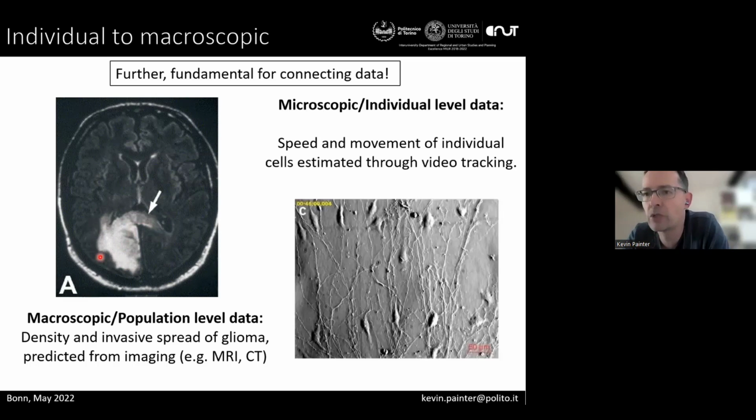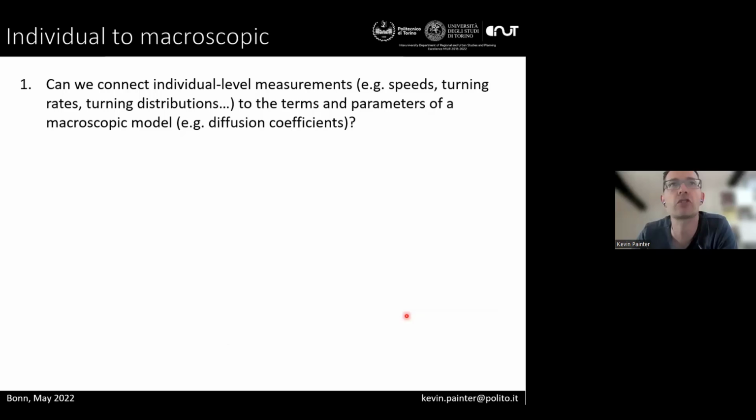But if we go down to the individual level of movement, we can track individual cells and calculate their speeds, their turning rates, and how they're responding to their environmental information. Okay, so that's another motivation for connecting from individual to macroscopic.